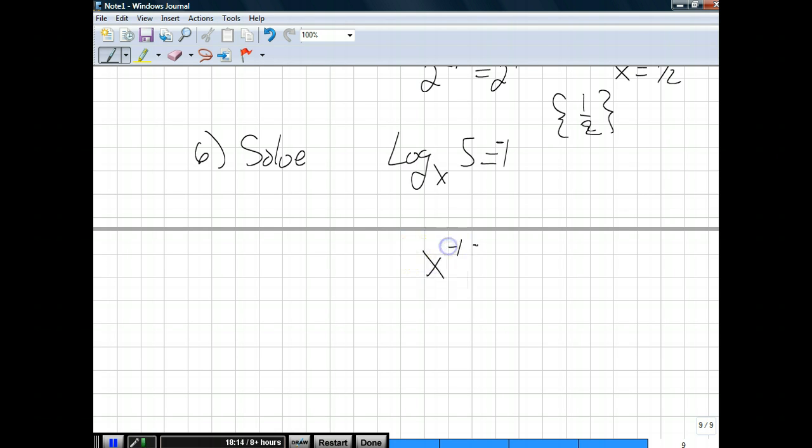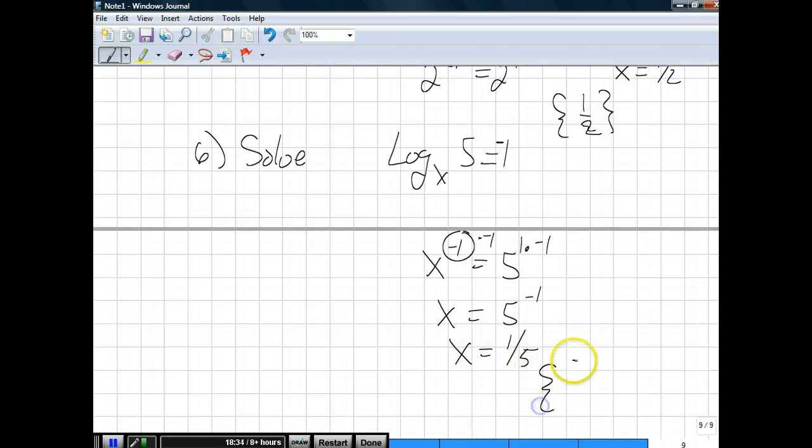So it's x to the negative 1 equals 5. So then we want to make this into a 1, so we multiply it by negative 1. So we get x equals 5 to the negative 1, or x equals 1/5. So our solution is 1/5.